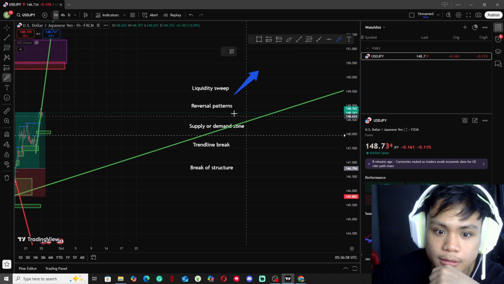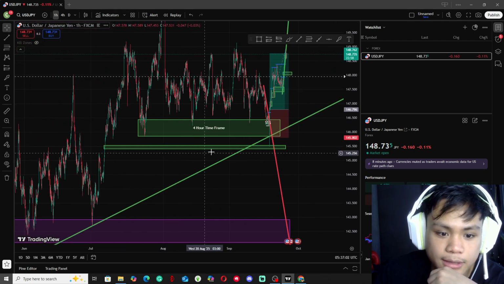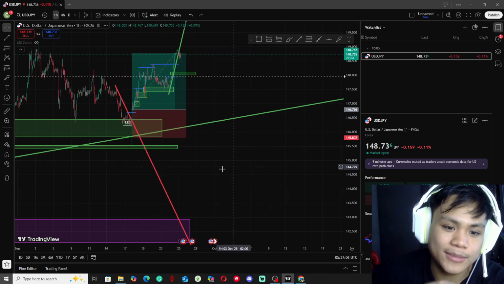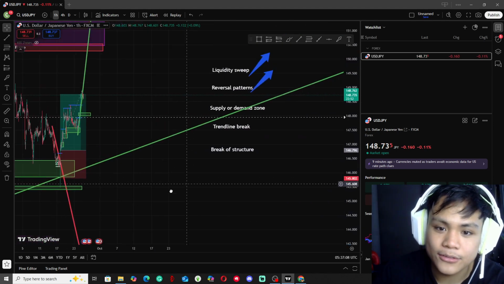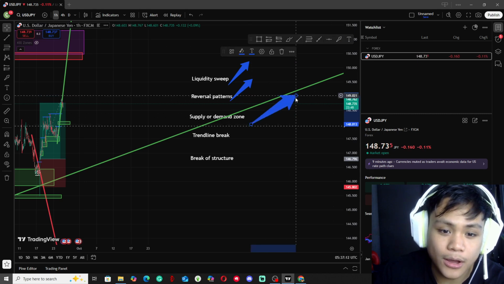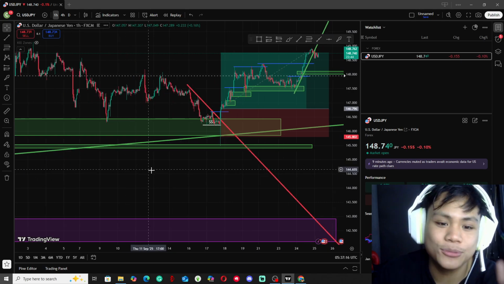Did it go to a supply or demand zone here, the 1 hour time frame? We can say it rejected the 4 hour time frame since it's a fake out. So yeah, we can check, it went to our demand zone. Then trend line break, 3 touch point trend line break.